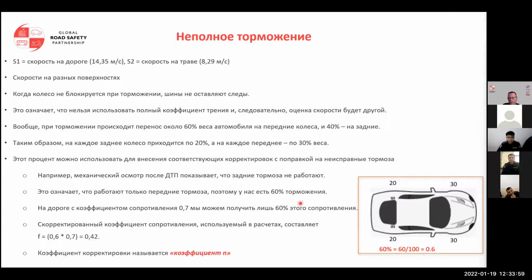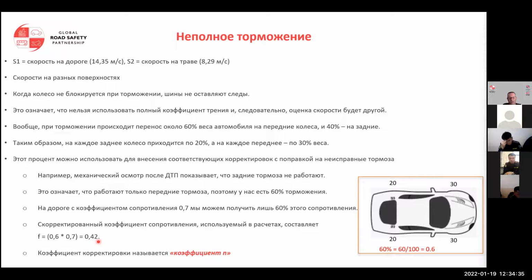In this case, we have a car that leaves a skid on a dry tar seal road. So drag factor, typically 0.7. We know the car only has front wheel brakes, so it is only giving us 60% braking. We adjust the drag factor by multiplying by that percentage. So 0.6 is the same as 60%. 0.6 times 0.7 gives us our adjusted drag factor, which is 0.42.